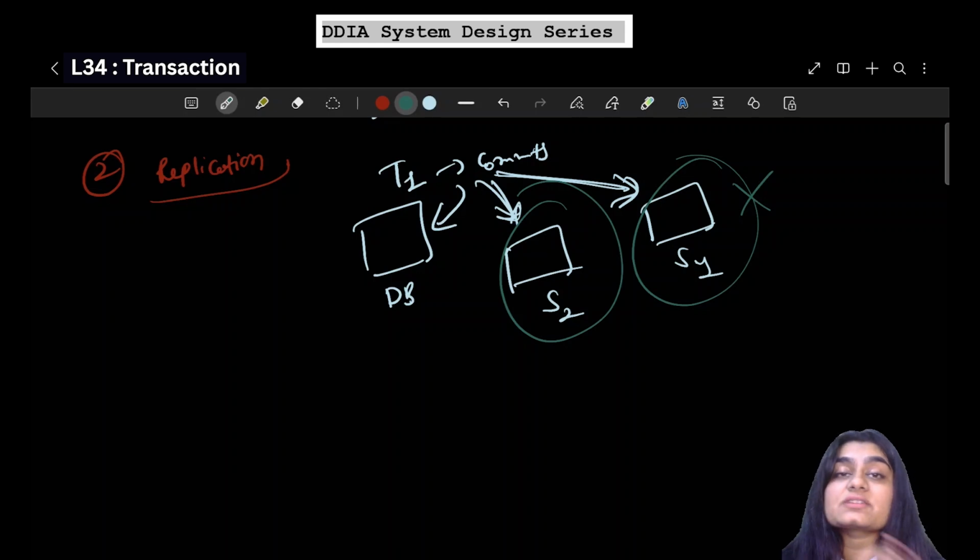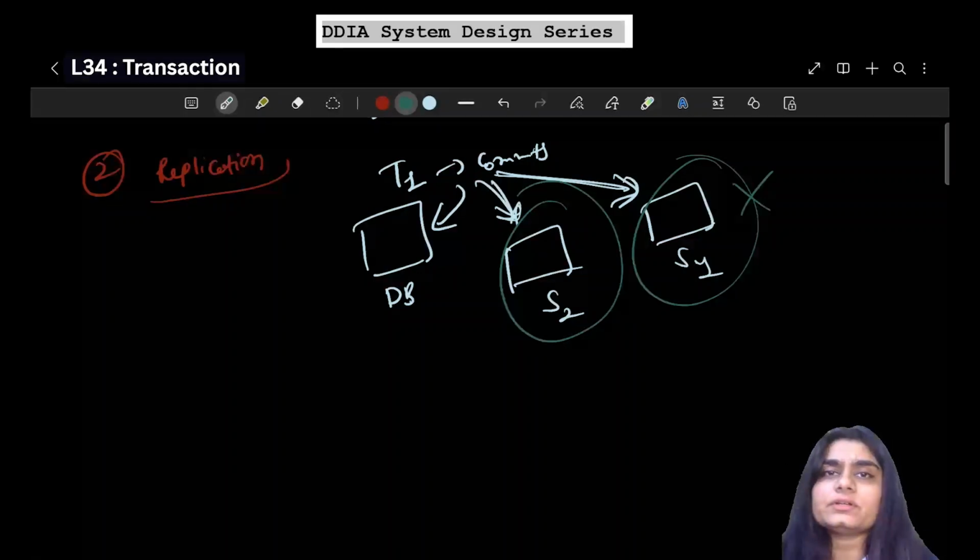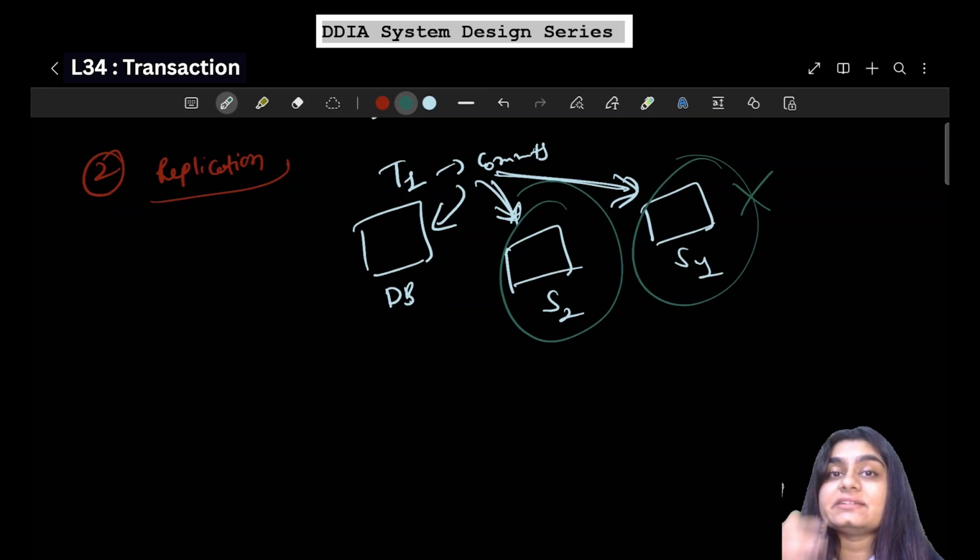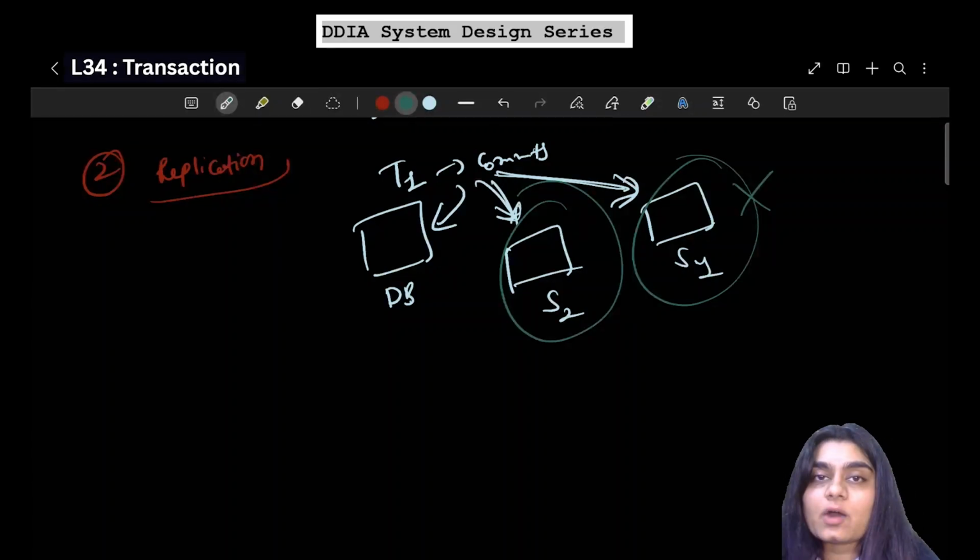Some systems commit the transactions only after at least two or a majority of the replicas have the data. This is called synchronous replication, which ensures that the data truly survives single node failures. Other systems use asynchronous replication, which is faster but risks a tiny window where a recent commit could be lost if the primary fails before sending the data out.